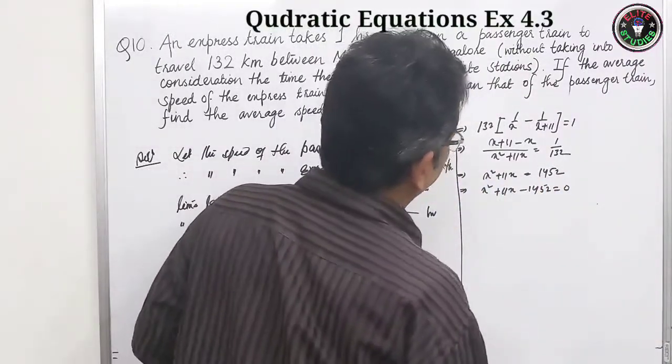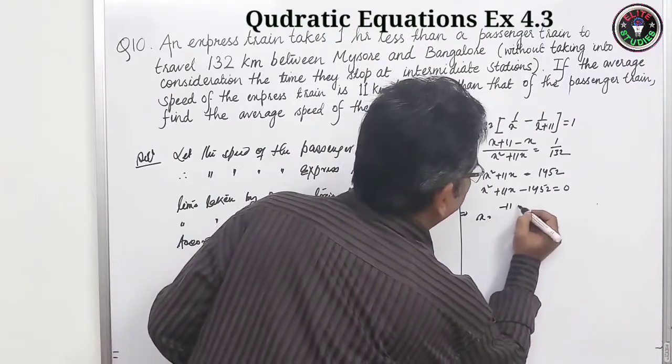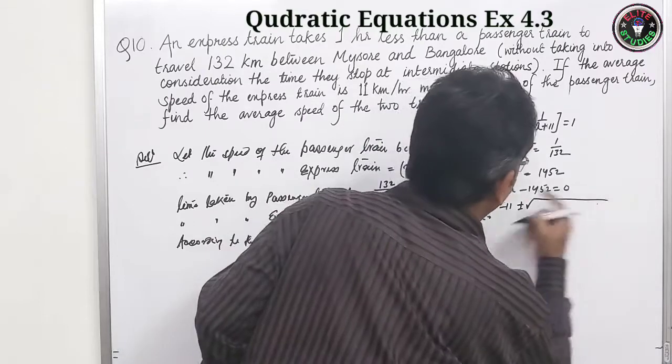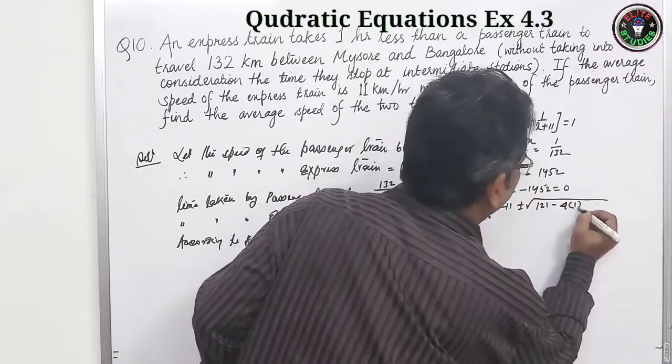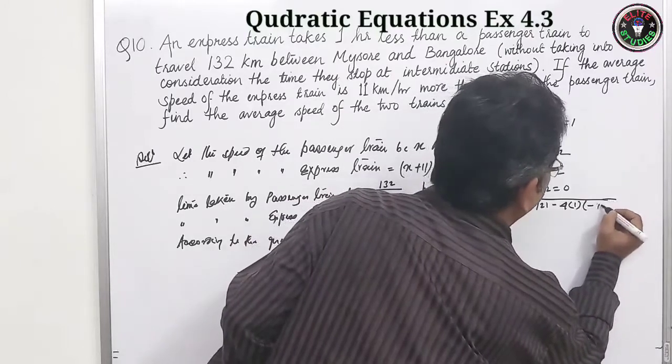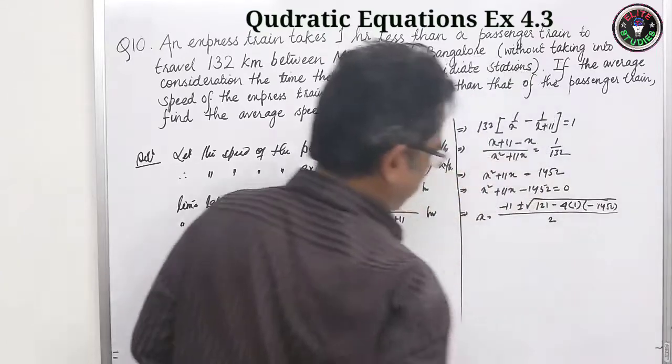So let us do it by the quadratic formula. x is equal to minus b plus minus root over b square minus 4 into 1 into minus 1452, divided by 2.